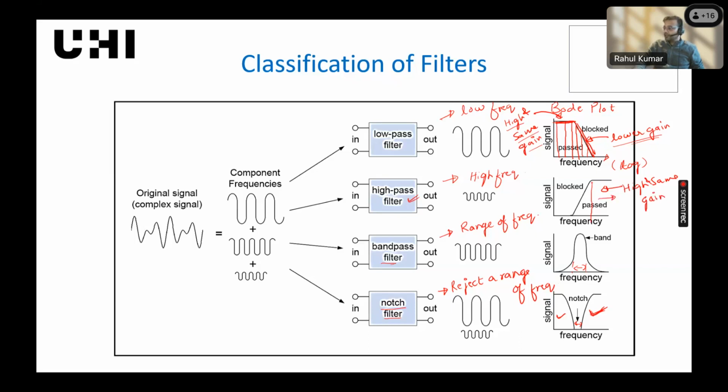All these are higher frequencies. So it's giving a high gain and the same value of gain, right? It's constant. But for lower frequencies, this high pass filter, it's giving a lower gain.